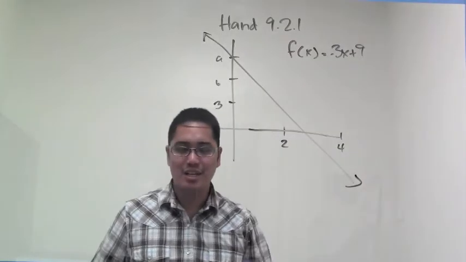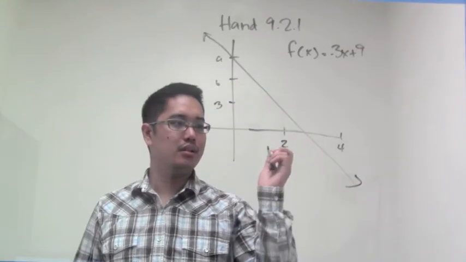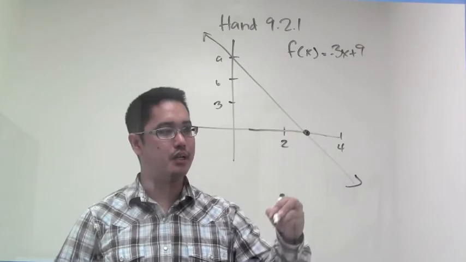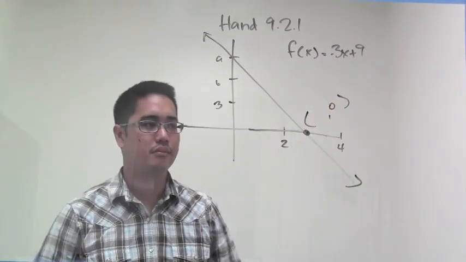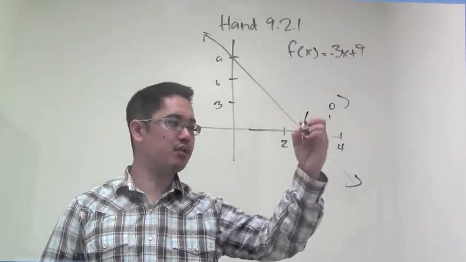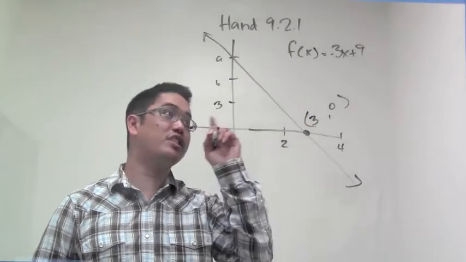So what is the x-intercept? Well, it's this point right here. And I know for a fact that this point right here has the coordinates some number, comma 0. That number looks like it's about 3. In fact, I can even check that.